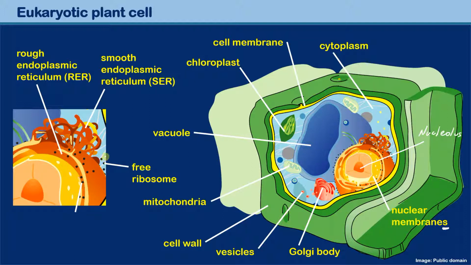They are floating around in the cytoplasm, and they produce proteins which are to stay inside the cell. While those ribosomes which can be found on the RER are responsible for making proteins which are then ultimately transported out of the cell.